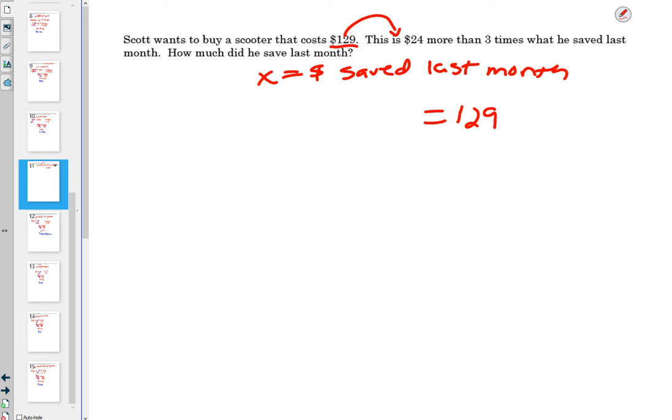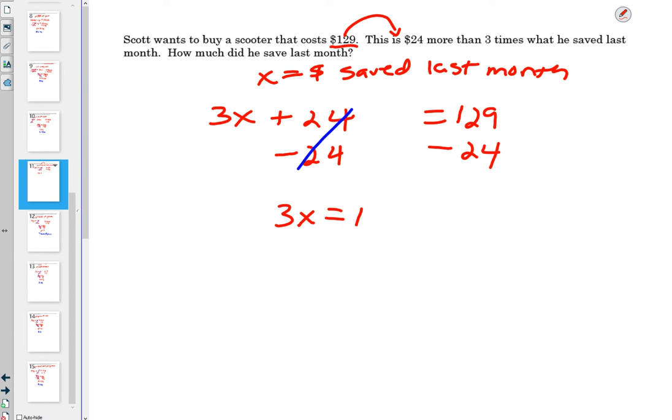And the 129 is 3 times the money saved last month and is 24 more than. So plus 24. Hold on, I might actually be able to finish all of it. Minus 24, minus 24. 105. 3x is 105, so we have to divide by 3. X is 35.